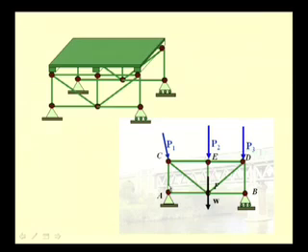From the equilibrium equations, we can determine three unknowns. So, it is possible to determine the two reaction components, that is, Ay and Ax, as well as one vertical component, that is By, at the joint B.